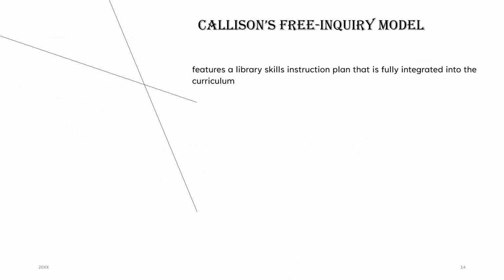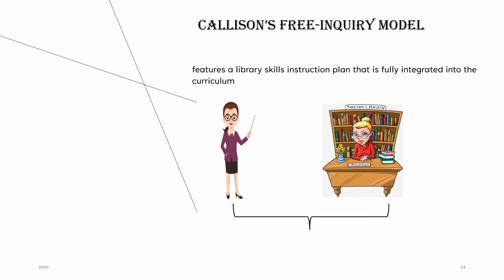The pre-inquiry model advanced by Callison features a library skills instruction plan that is fully integrated into the curriculum, with the teacher and librarian acting as an instructional team. For this reason, the lessons based on this model require advanced planning and coordination.